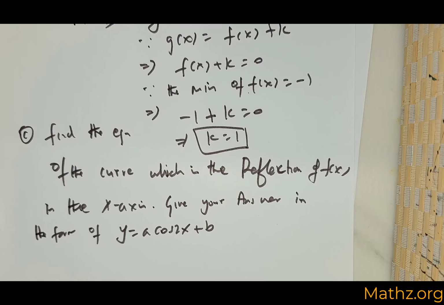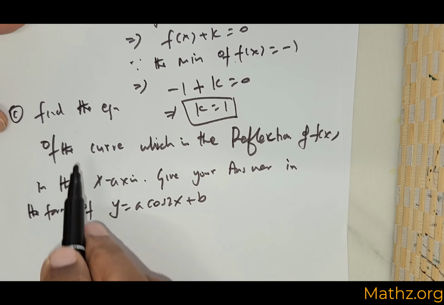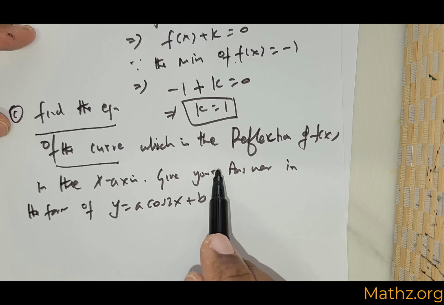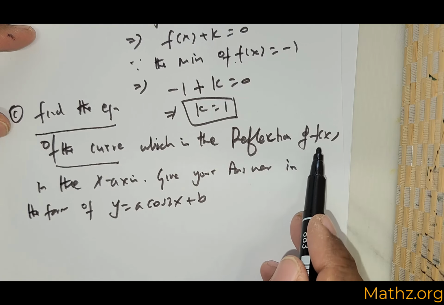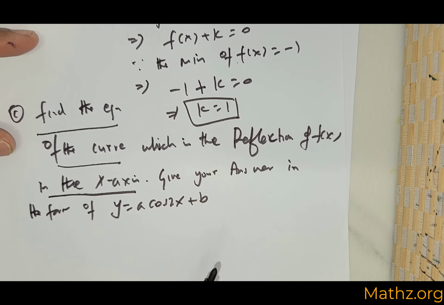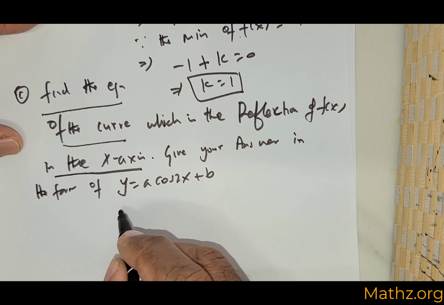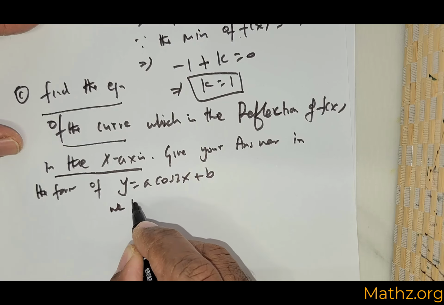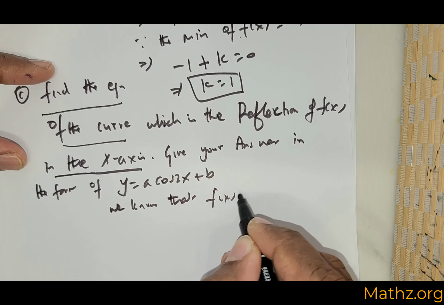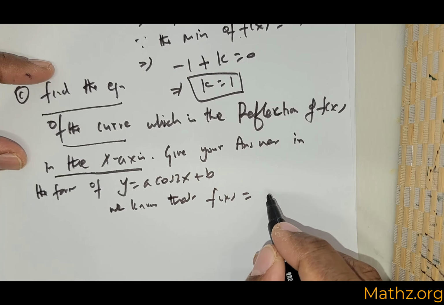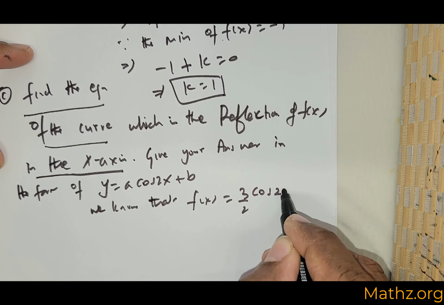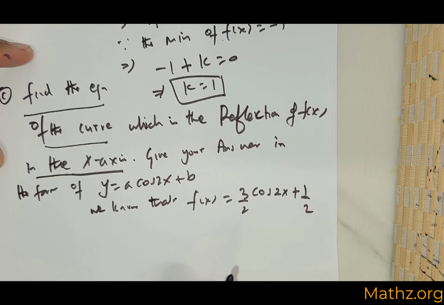Now this is the third part. We are expected to find the equation of the curve which is produced by the reflection of f(x) on the x-axis. We know that f(x) is given as 3/2 times cos 2x plus 1/2.